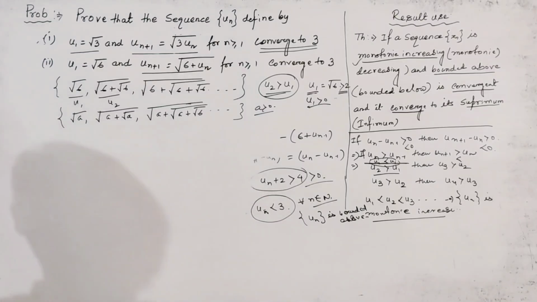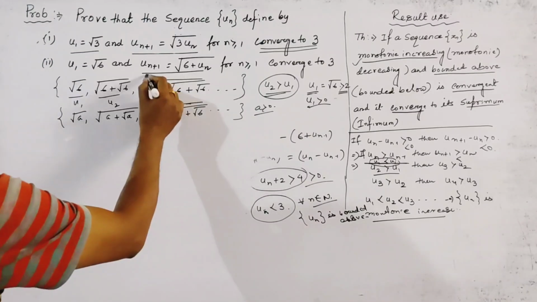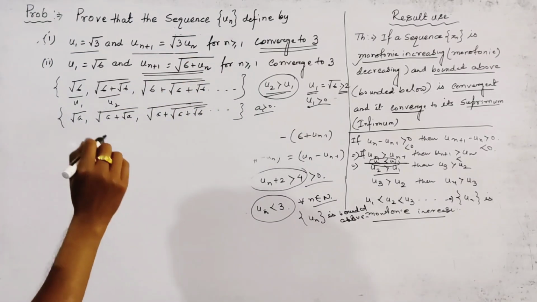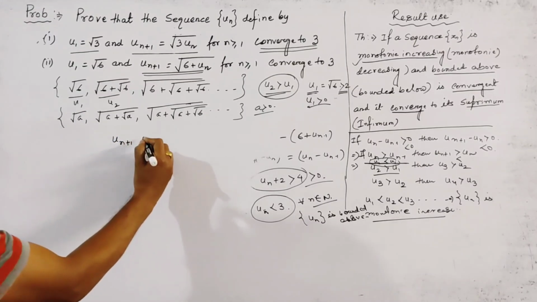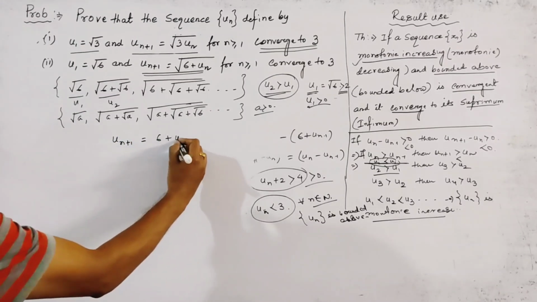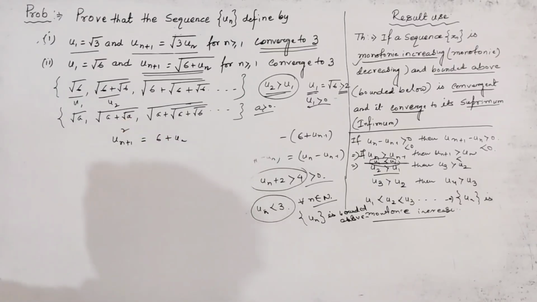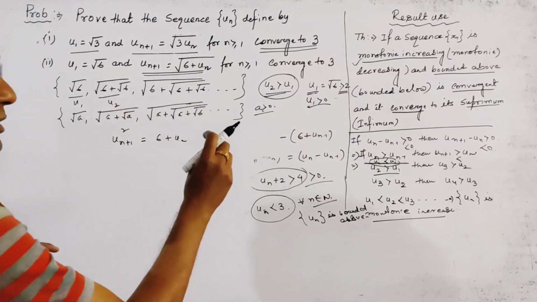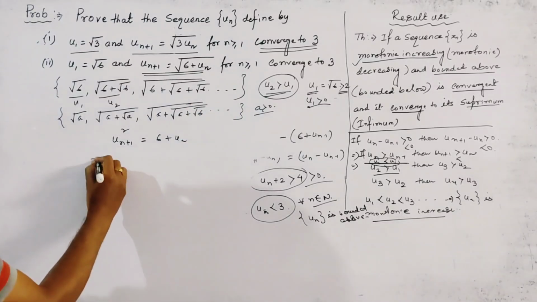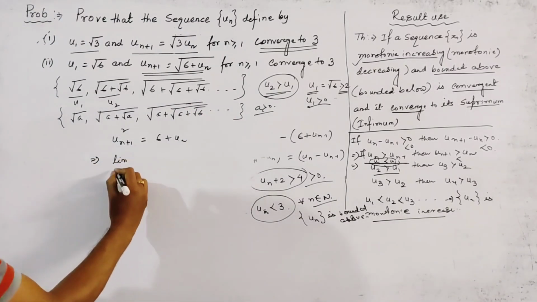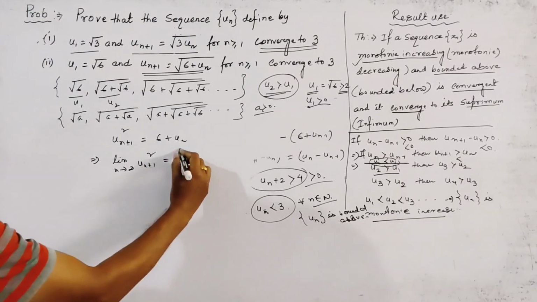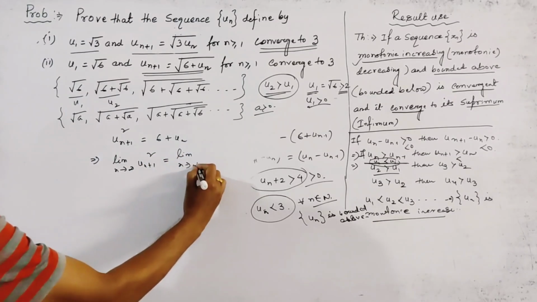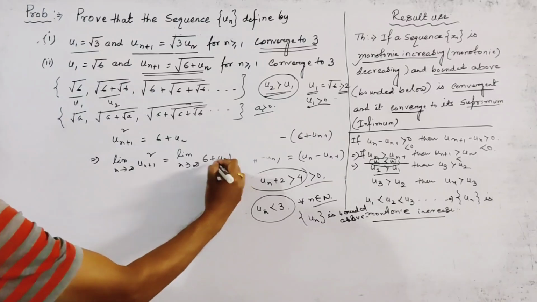Again we use this condition to find the limit. Here we already have un plus 1 squared equal to 6 plus un. Now taking the limit on both sides, because we already proved it is convergent, limit as n tends to infinity of un plus 1 square equals limit of 6 plus un.